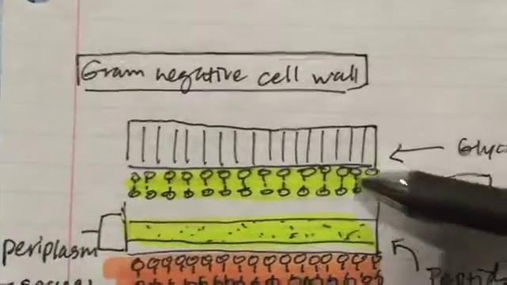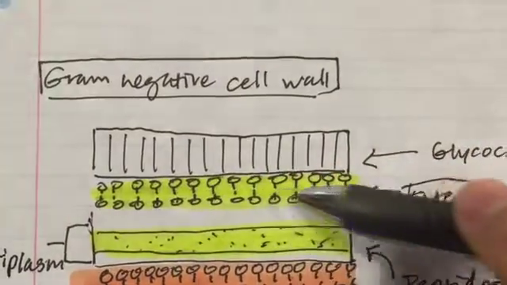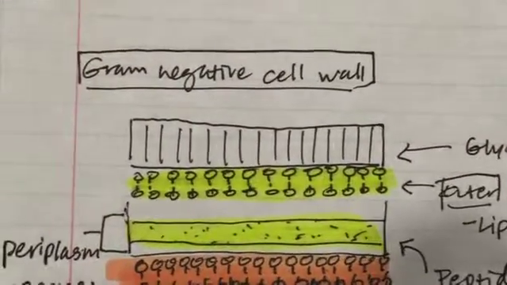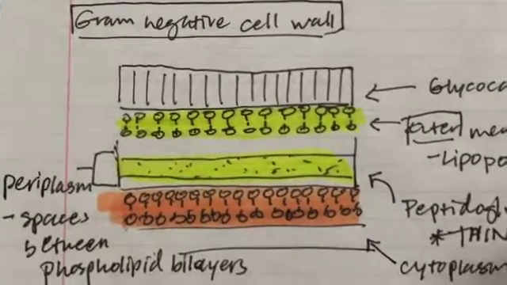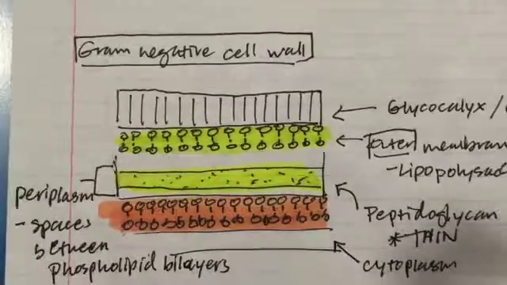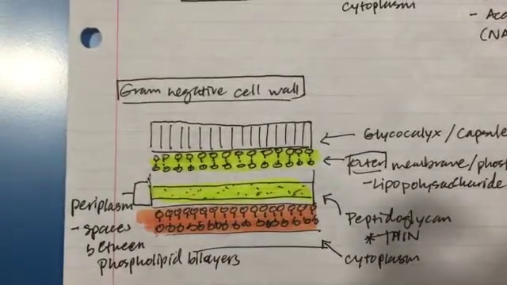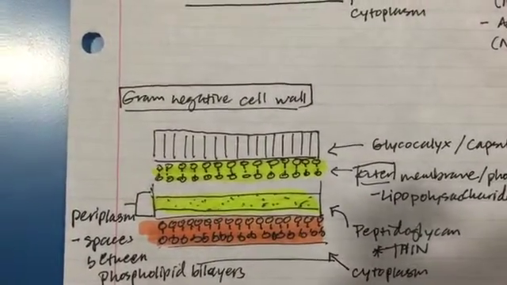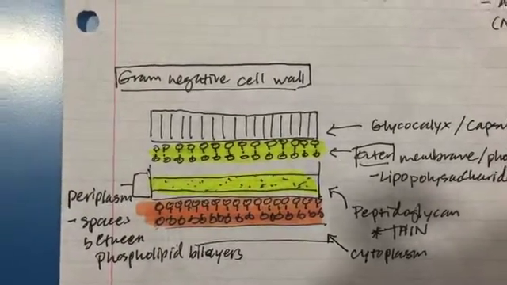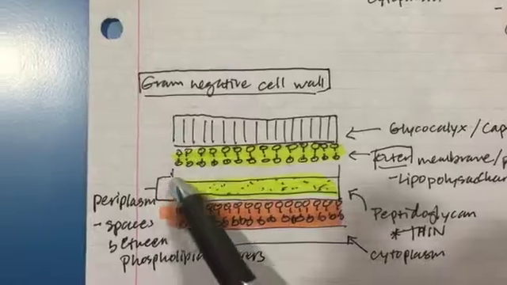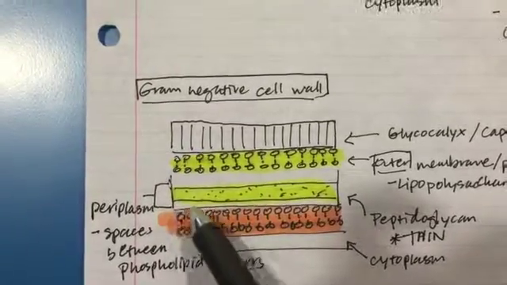So the porins would be found in this outer lipid bilayer. Porins allow for passive diffusion of things from the outside of the cell into the space between the two membranes, or what's called the periplasmic space. And that's drawn a little bit right here, periplasm.